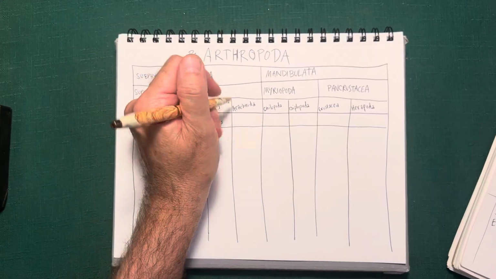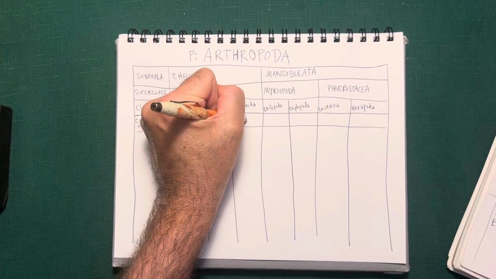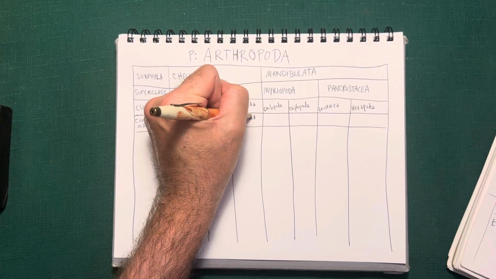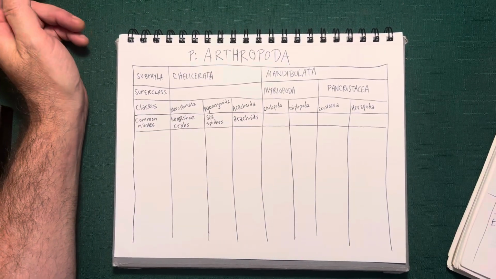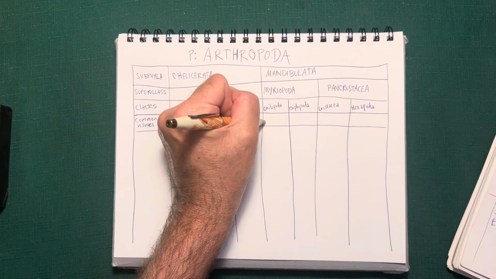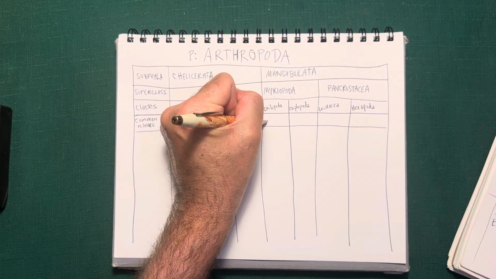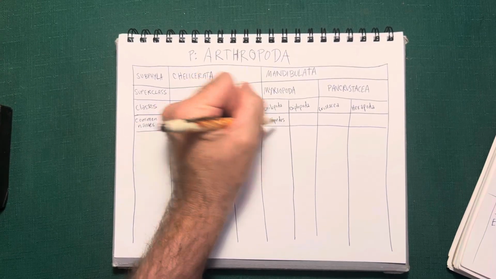Well, they are, but we're not going to say that the arachnida are the spiders. We'll get to why in a moment. But we're just going to call the arachnida the arachnids, because it includes more than just spiders. Chilopoda, you've probably known as centipedes.